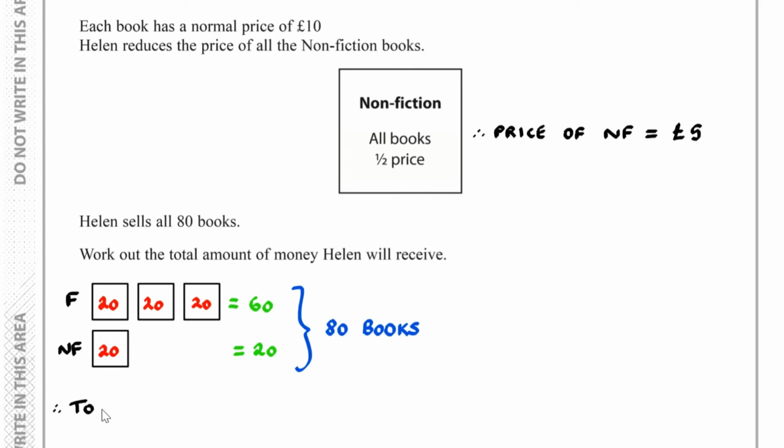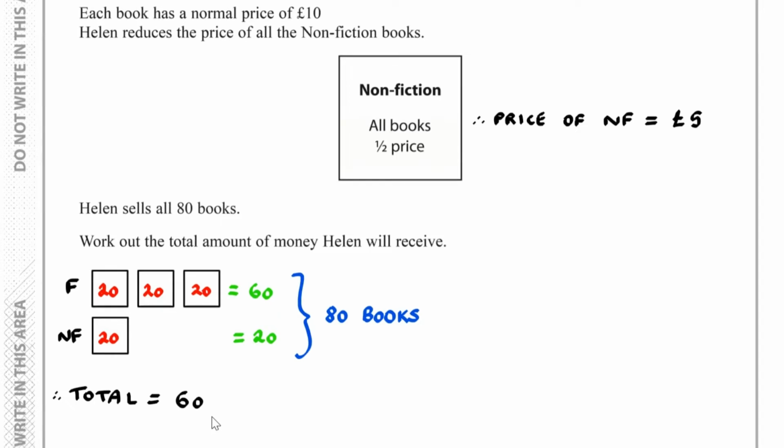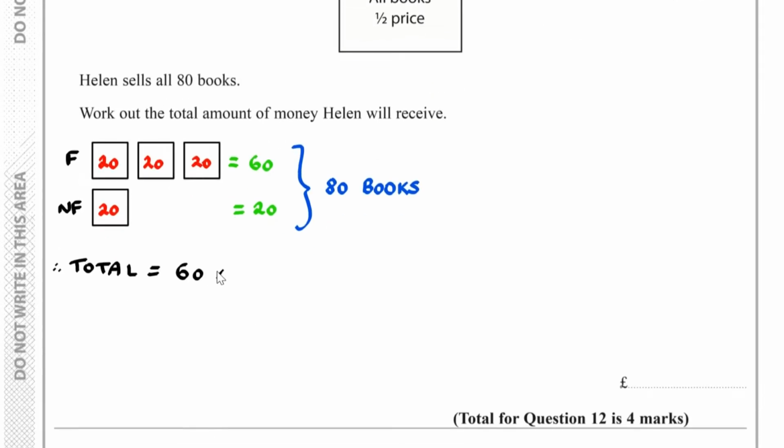So the total amount of money she receives, well, I've got 60 fiction books, they cost £10 each. I've got 20 non-fiction, they cost £5 each. So in total, 600 plus 100 is 700. She would make £700.